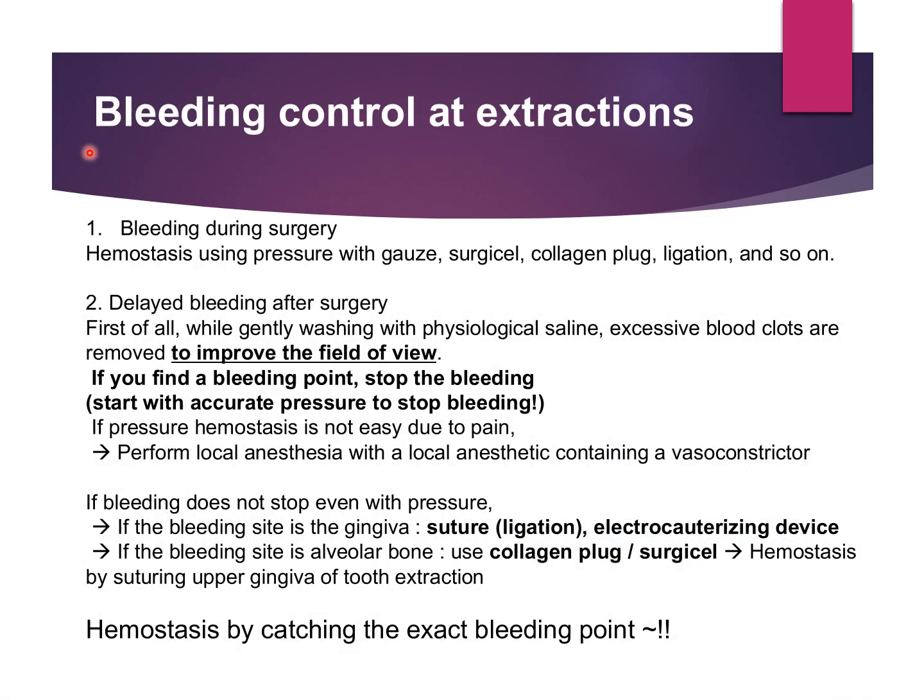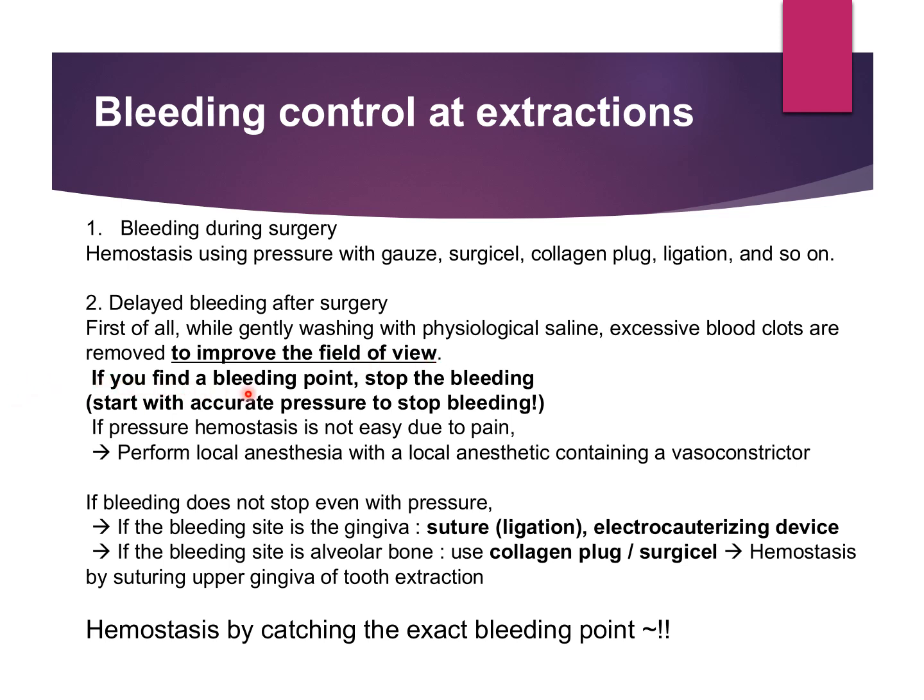How do you control bleeding at extractions? You may achieve hemostasis using pressure with gauze, Hemostat, collagen plug, ligation, and so on during surgery. For delayed bleeding after surgery, first of all, while gently washing with saline, excessive blood clots are removed to improve the field of view.